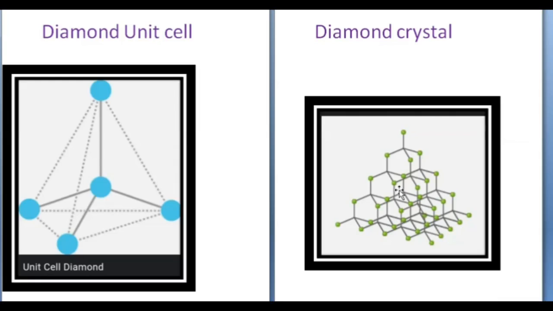Diamond is extremely hard and has high melting point due to the fact that diamond crystals consist of large number of carbon-carbon covalent bonds which have high bond energy. Large amount of energy is required to break these bonds. Since bond length is small, carbon atoms are very close to each other, making the diamond very hard.